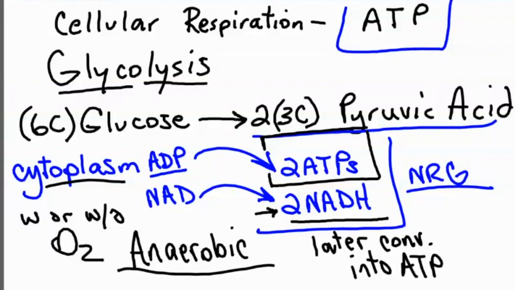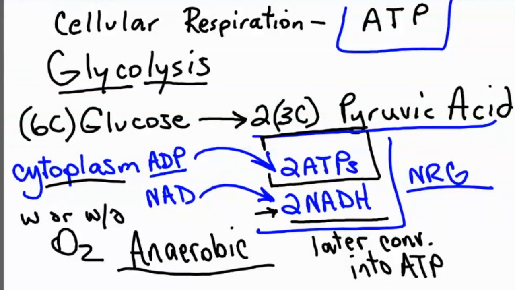Number 8, when oxygen is not sufficiently present within the cytoplasm during glycolysis, the NADH will do something. It will get rid of its hydrogen. And this hydrogen will be picked back up by pyruvic acid, and it will become something else. Okay? So here's what I'm telling you. This process does happen without oxygen, right?